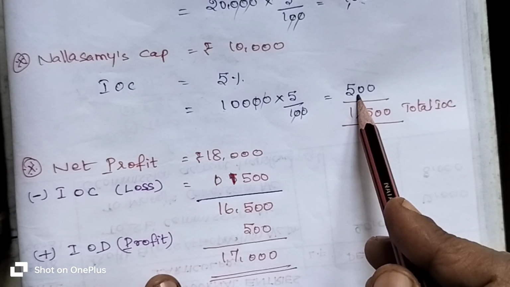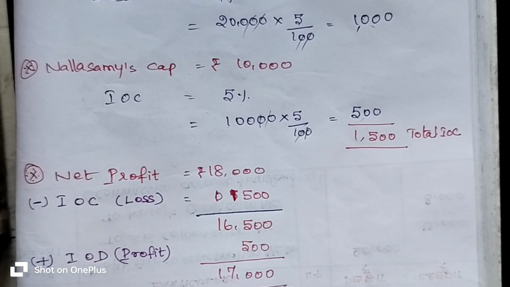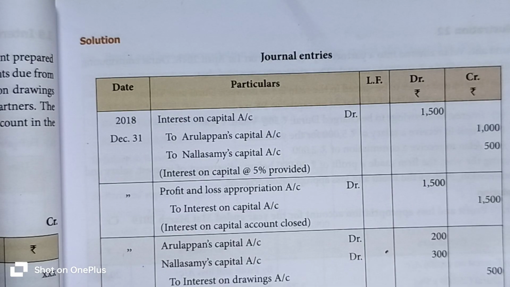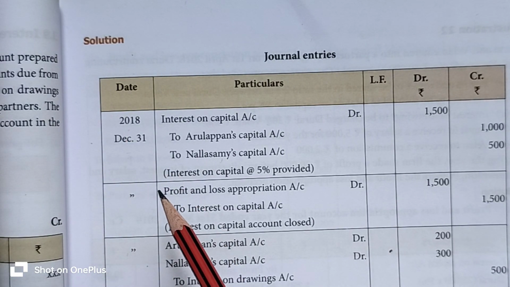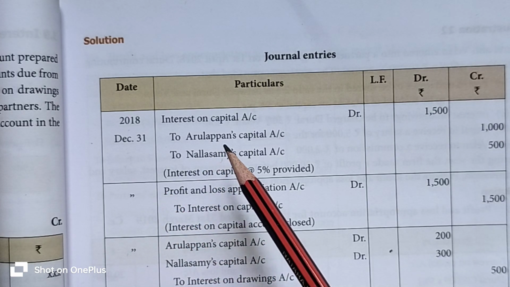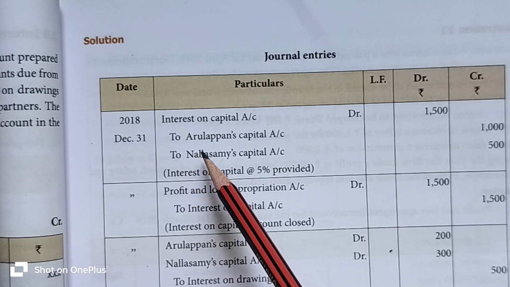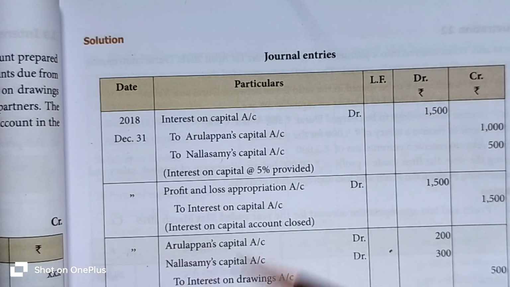So what is the journal entry for interest on capital for both the partners, Arulappan and Nallaswamy? Listen, dated 31st December 2018, Arulappan and Nallaswamy contributed capital into the business. For contributing the capital into the business, from the business point of view, they take interest from the business.